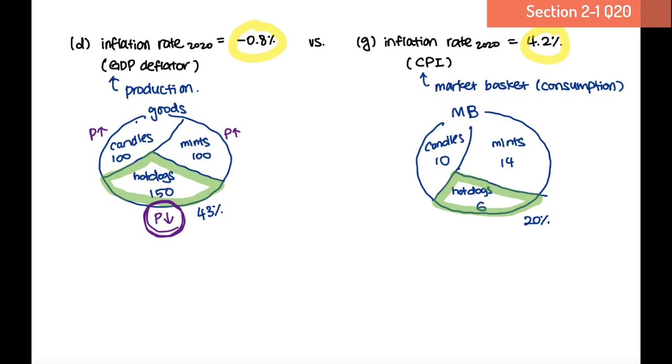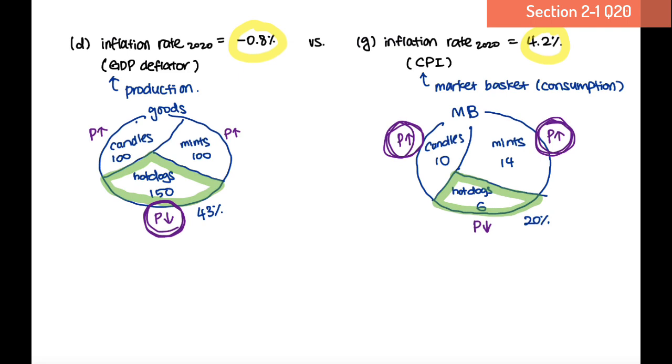And so what ends up happening is the fall in prices of hot dogs is not represented as much when you're using the market basket. Instead, the rise in prices in candles and mints end up being more represented in the case of the CPI, which is why we see our inflation rate showing up as higher when we're using the CPI as our price index versus the GDP deflator.